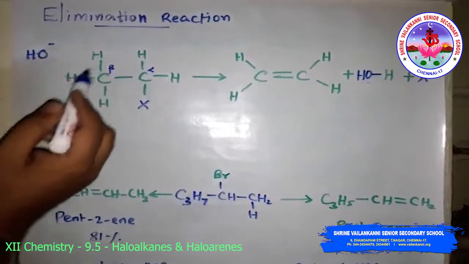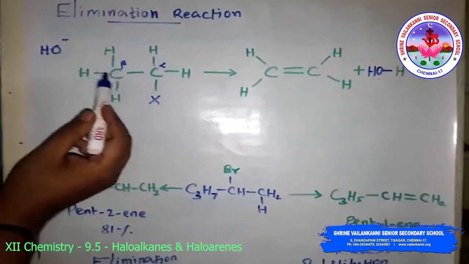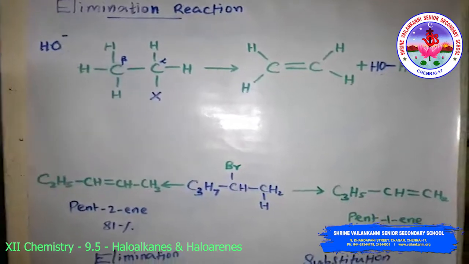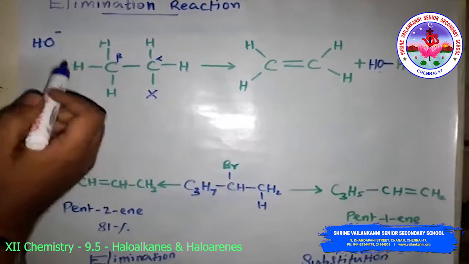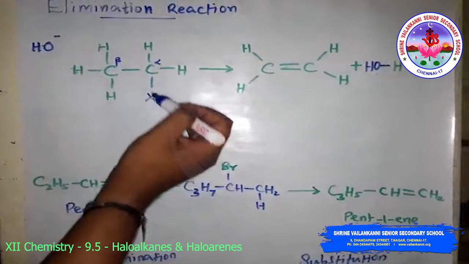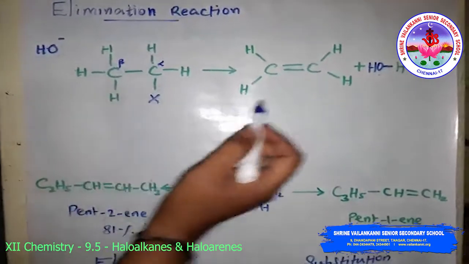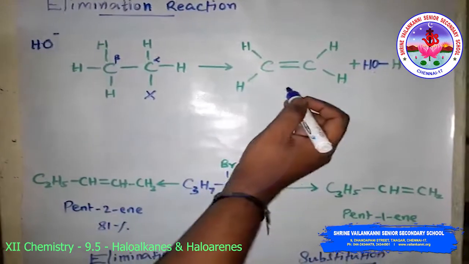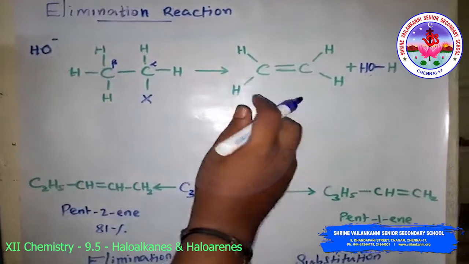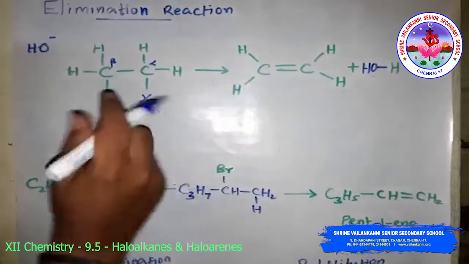There is an elimination of the hydrogen atom from the beta carbon and the halogen atom from the alpha carbon. As a result, an alkene is formed as the product. So you will be getting ethene. So this is also called beta elimination reaction.